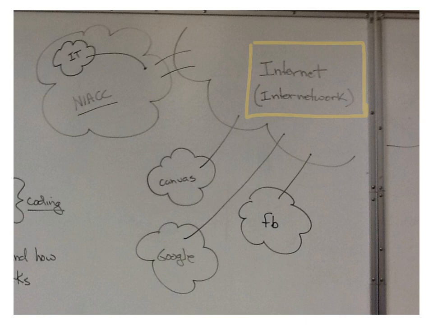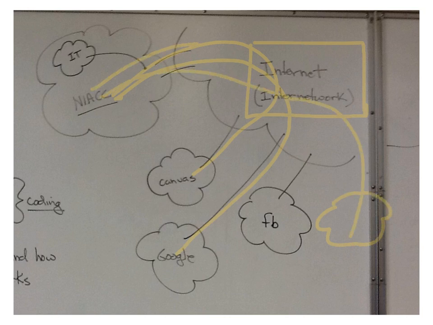If we're at NIACC and we use Google, we go to there. If we're at NIACC and we use Canvas, we're here. If we're at home and we use Canvas, that might go here for a single sign in and then go to there. Okay? You don't need to know all the details, but you should know that these things are not the internet. The internet is our way to move through there.